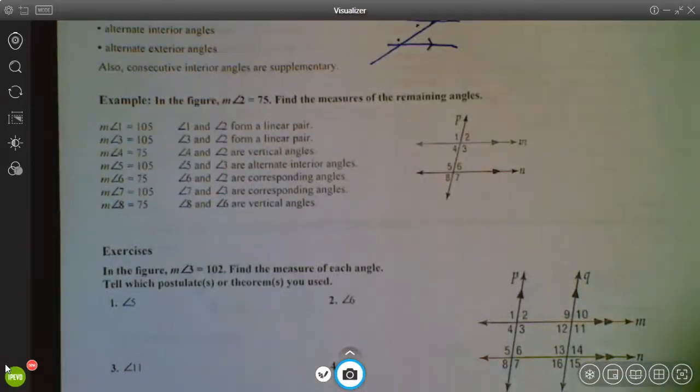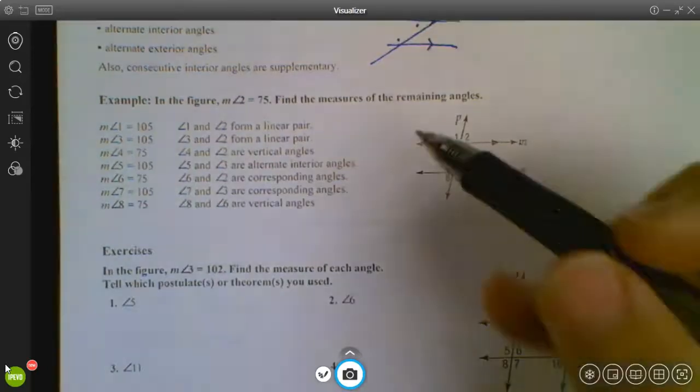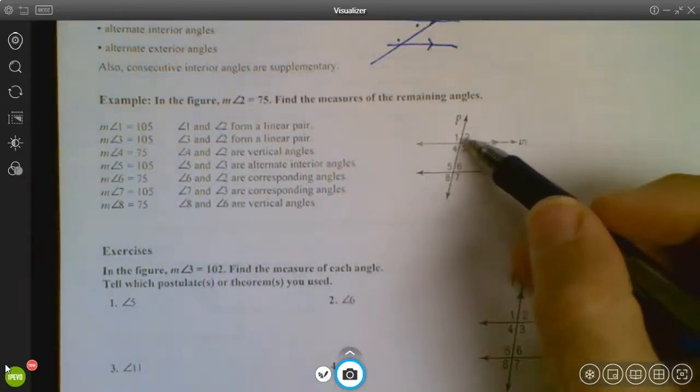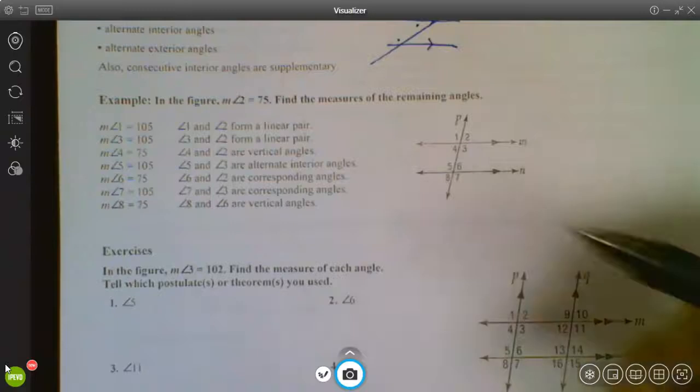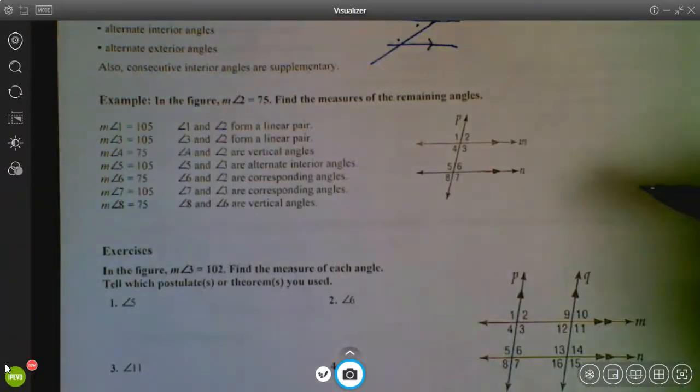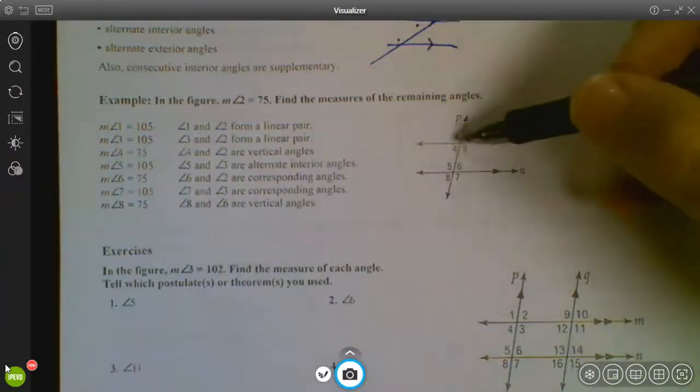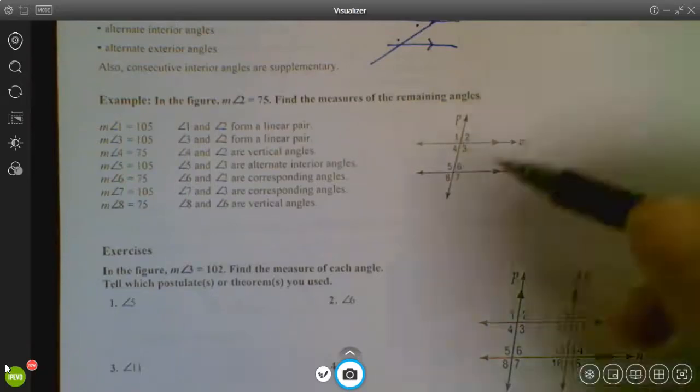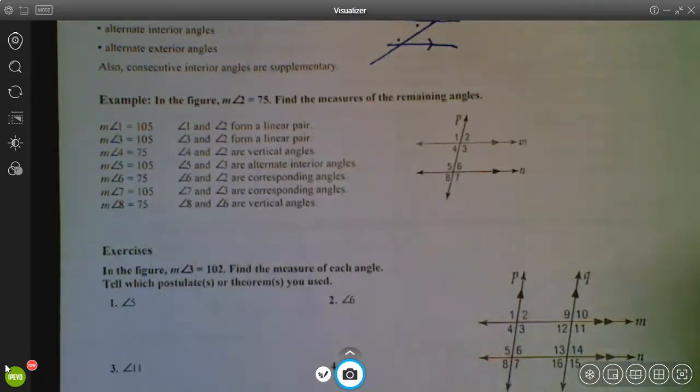Those are linear pairs, and we know that they are supplementary, right? That's an old one. Vertical angles, such as 2 and 4, right? Vertical angles are congruent. We learned that in chapters 1 and 2. The vertical angles are congruent. So 2 and 4, 1 and 3, you could say 5 and 7. So I just want to make sure we don't forget about those.